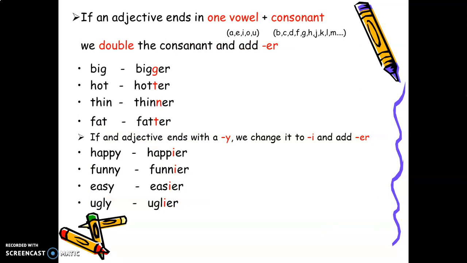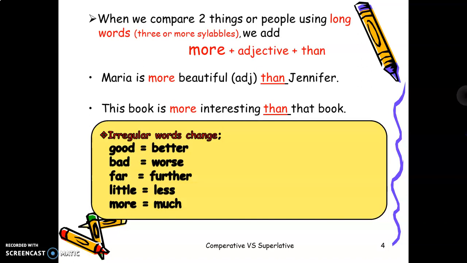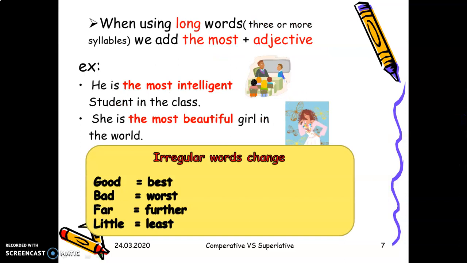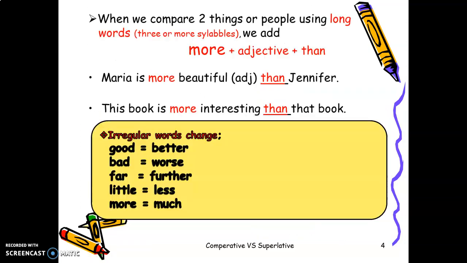Now, when we compare two things using long words, three or more syllables, we add more plus adjective plus than. Beautiful, three syllables. So it's more beautiful than. The book is more interesting than.